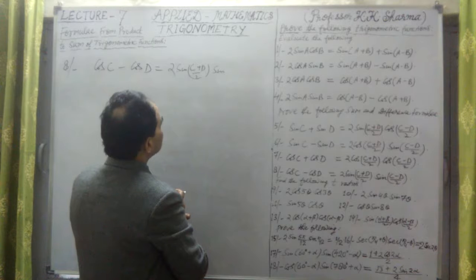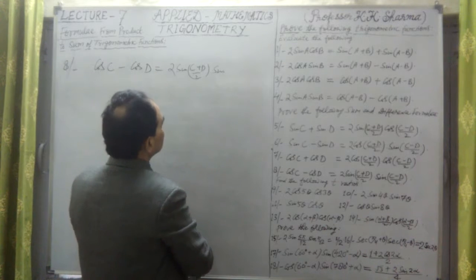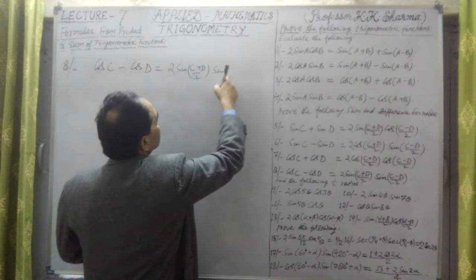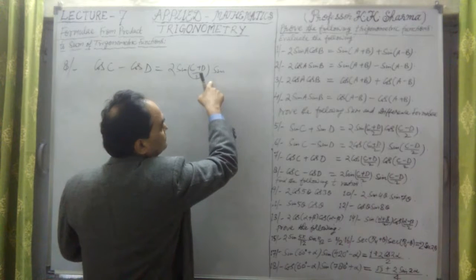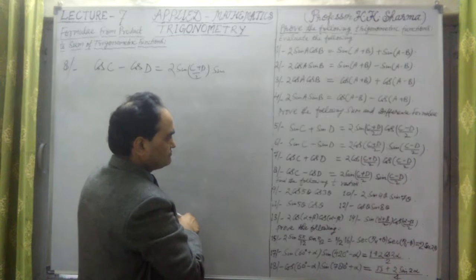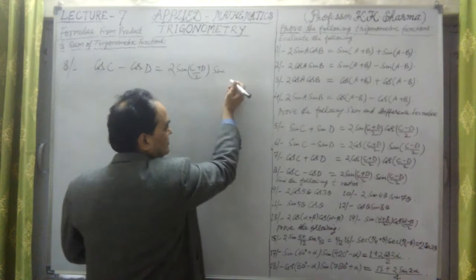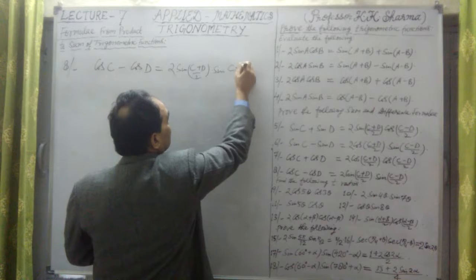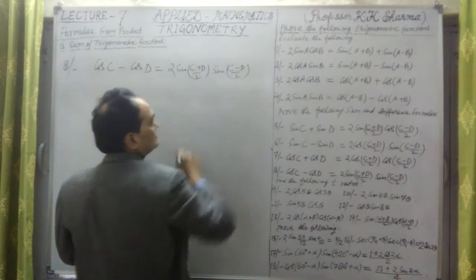Is it the same thing or different? Cos C minus cos D is equal to 2 sin (C plus D) by 2 into sin, I think, (D minus C) by 2. Let me check.